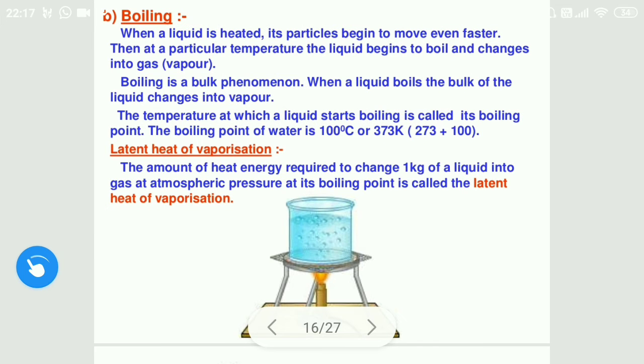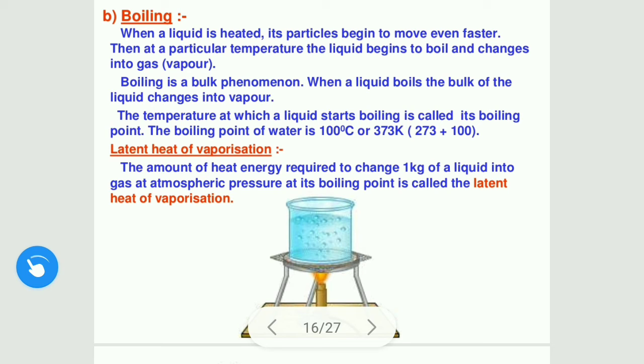Next term is boiling. When liquid is heated, the same process occurs, that is vibration of particles. On vibration, intermolecular space increases and so liquid converts to gas.